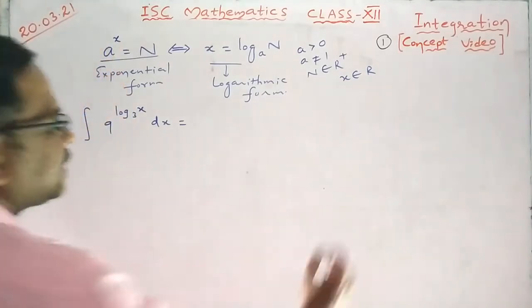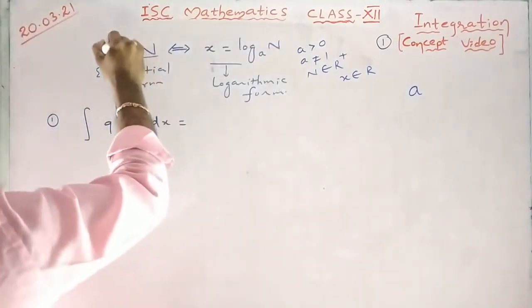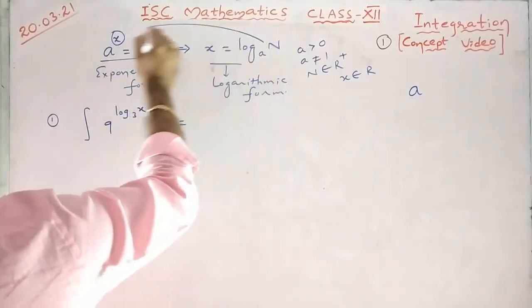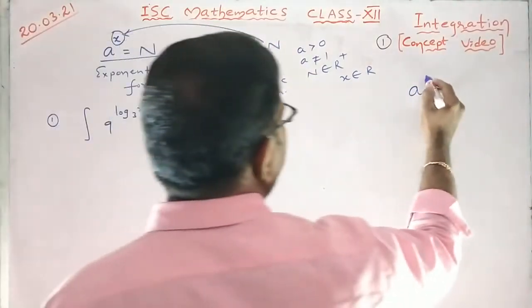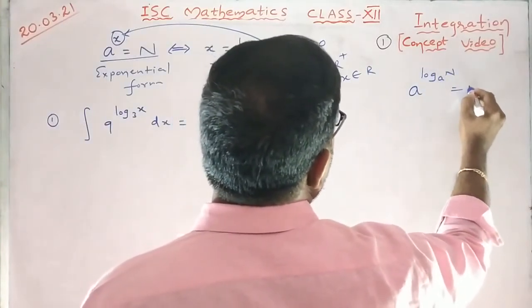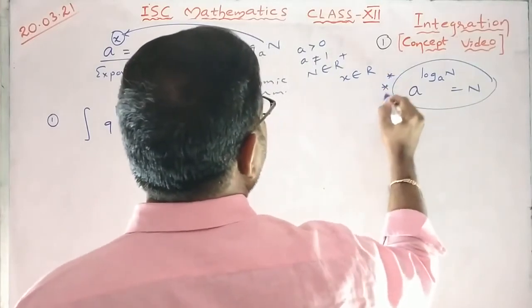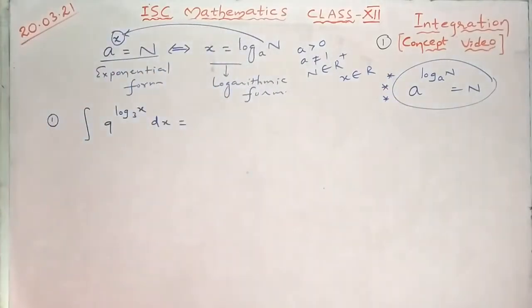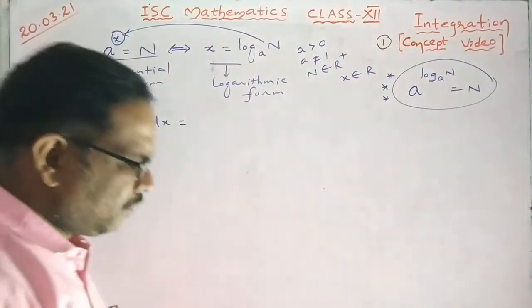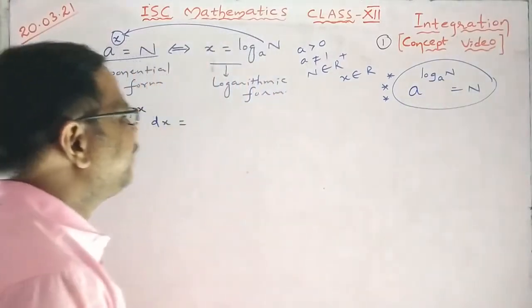In the place of x, if you replace this, then what will you get? a to the power log n to the base a is equal to n. This is the most important formula we are going to use. The base should be the same, then we will get the remaining value.